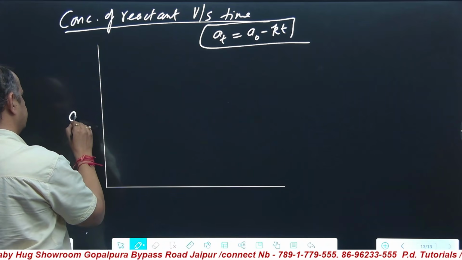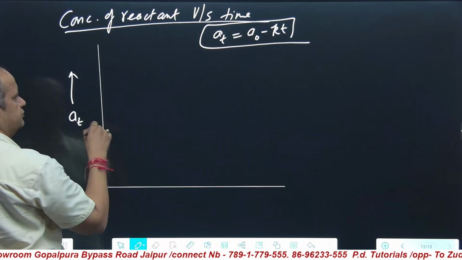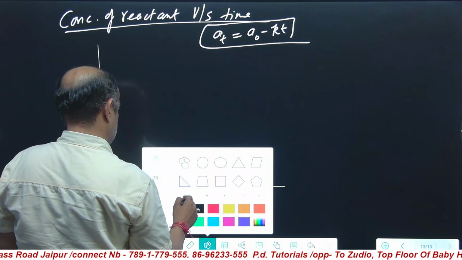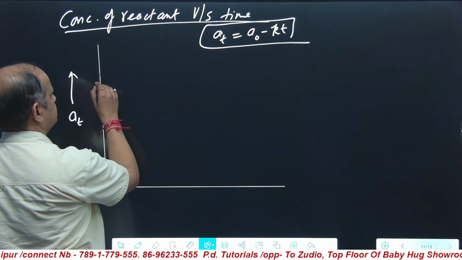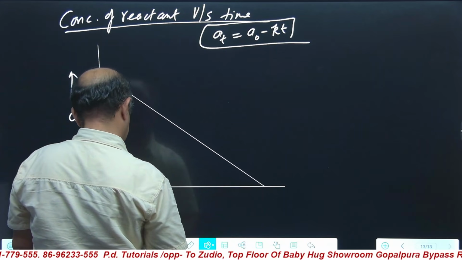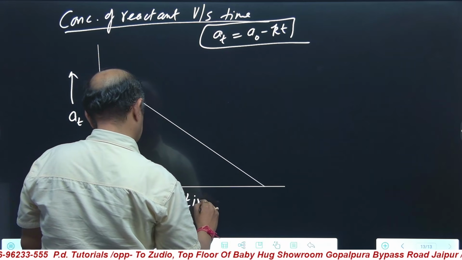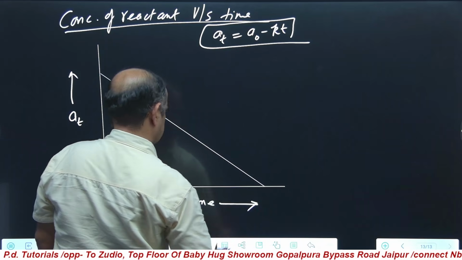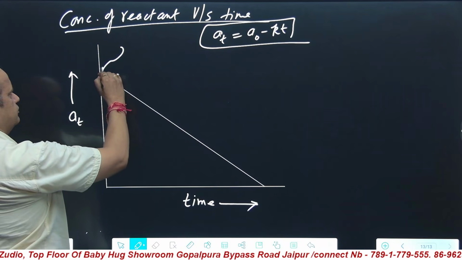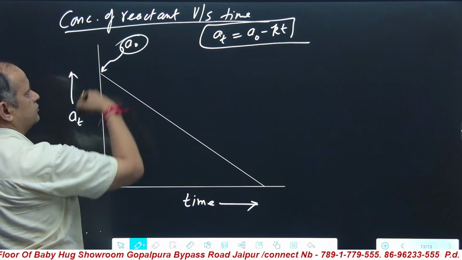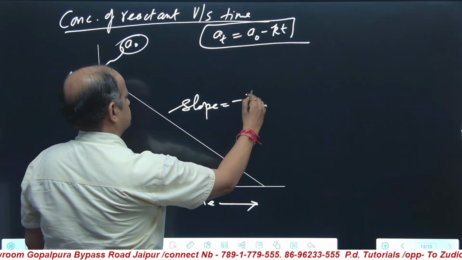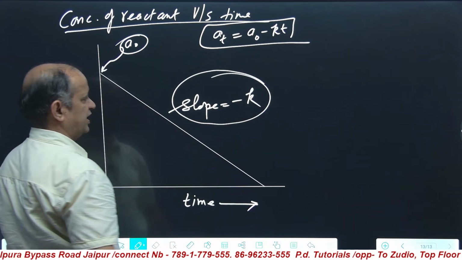This is AT. It decreases with time. What is this? A naught. What is slope? Minus k. Good.